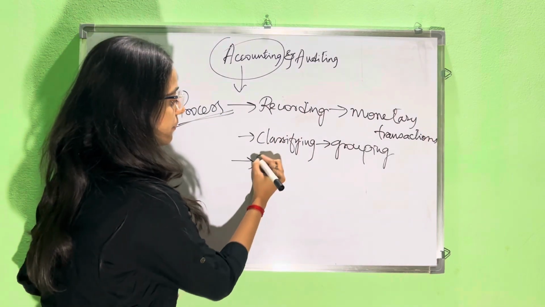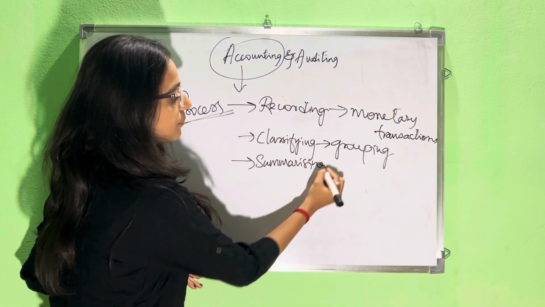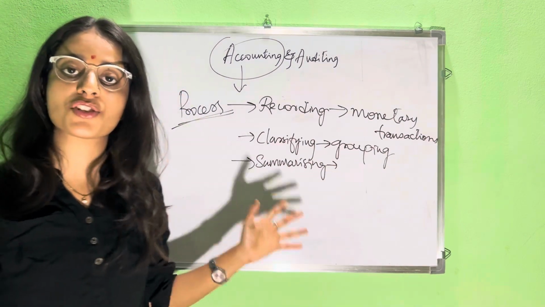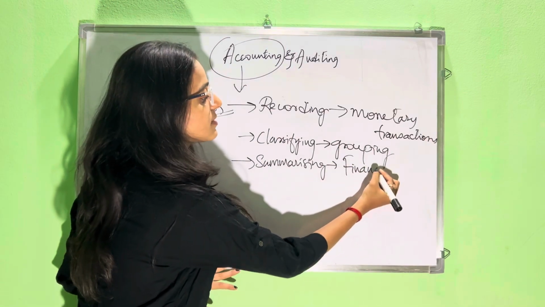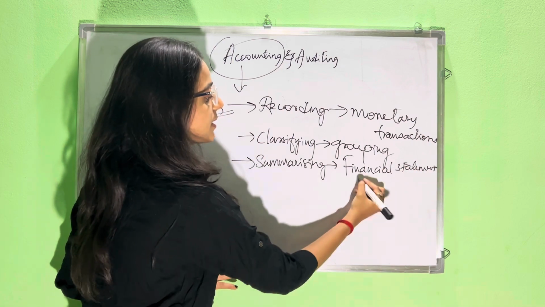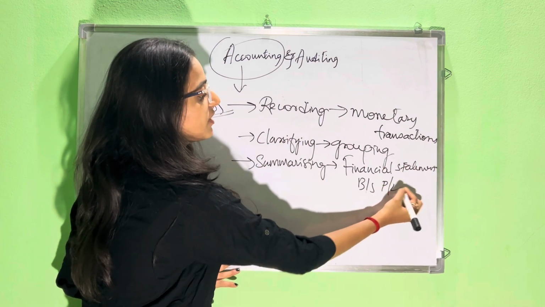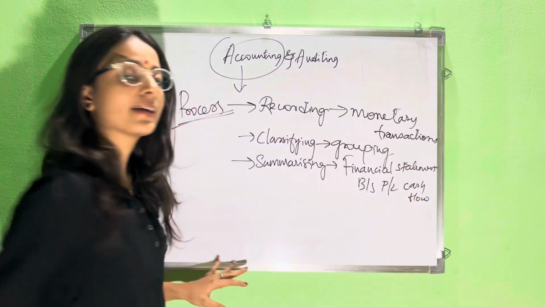Next comes summarizing. So, under the process of summarizing, what do we do? We prepare financial statements. The three main financial statements that we look into are the balance sheet, profit and loss account, and cash flow statements. Correct?